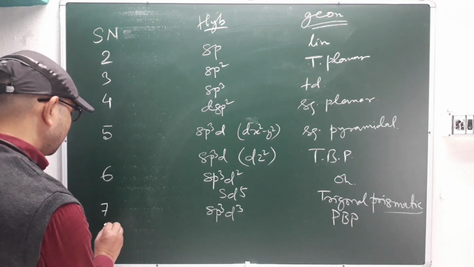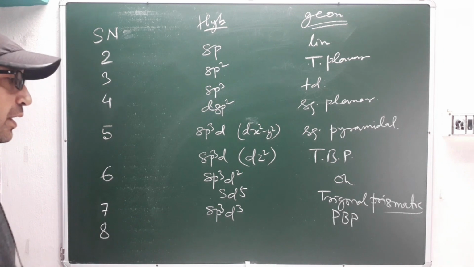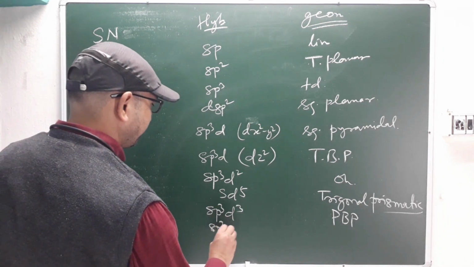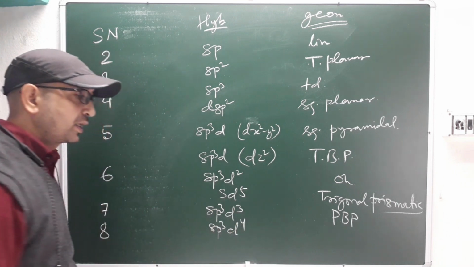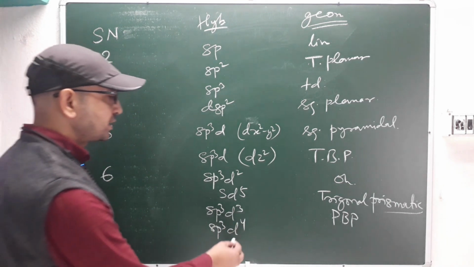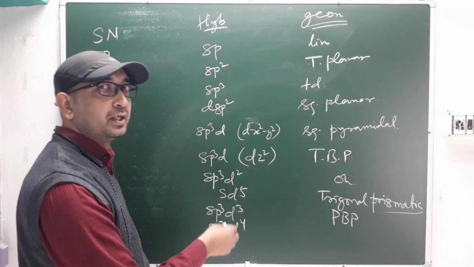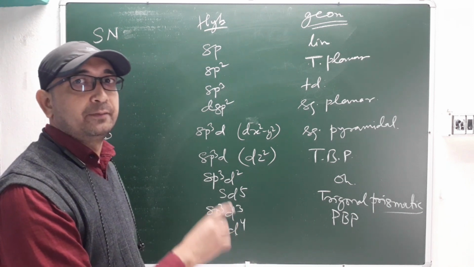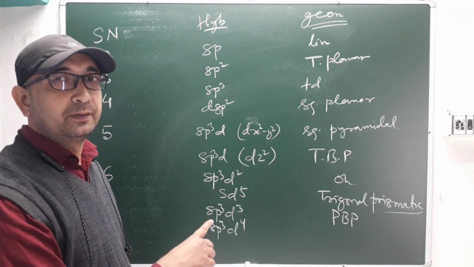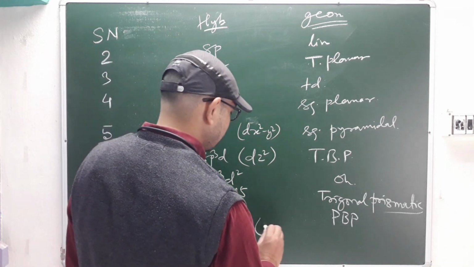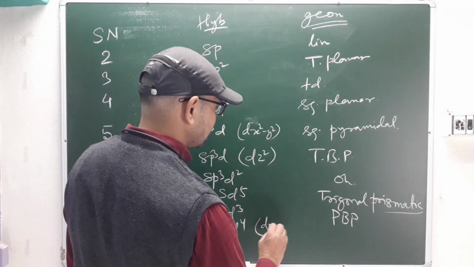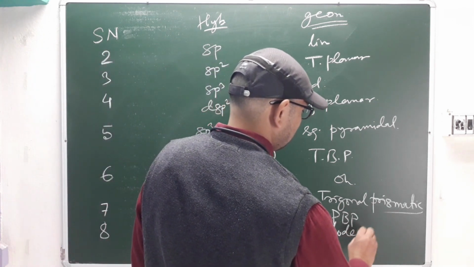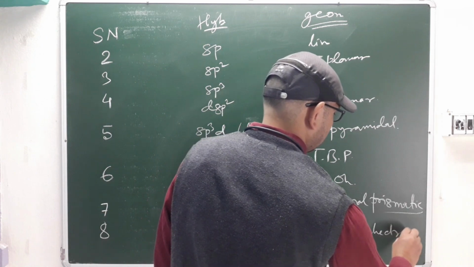Now coming to steric number 8, what will happen? It will be sp3d4, correct? In this d4, what will it contain? dxy, dyz, dxz, and then if it is taking dz2 as the last one, then it will be dodecahedral.